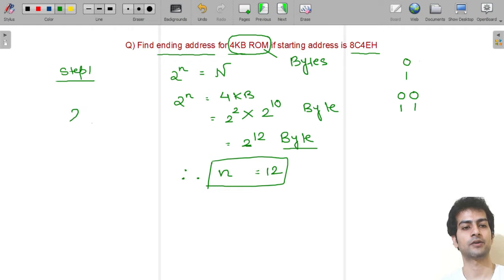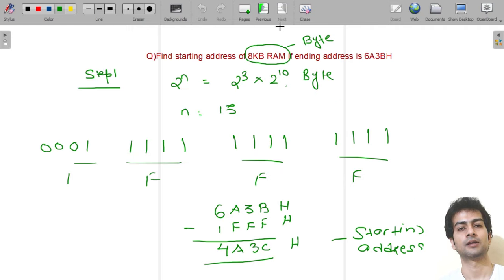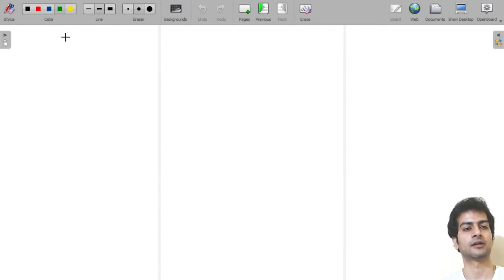So if it is given as 2 to the power 12 into 8, then we will know that it is in bits, so we will consider only 2 to the power 12. Then n will become 12. Similarly, if we are given 2 to the power 13 into 8, we ignore the 8 and take only 2 to the power 13, so n is equal to 13.